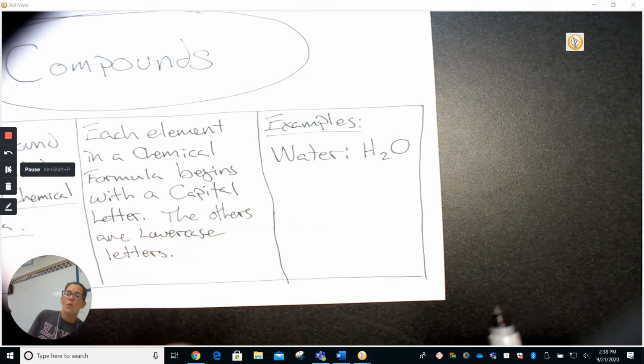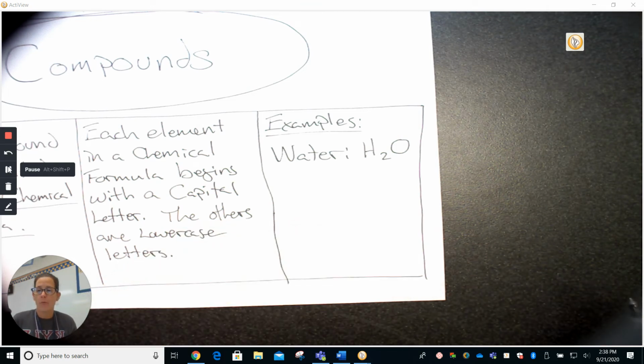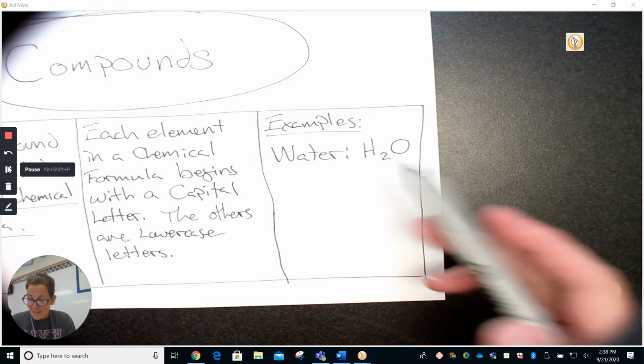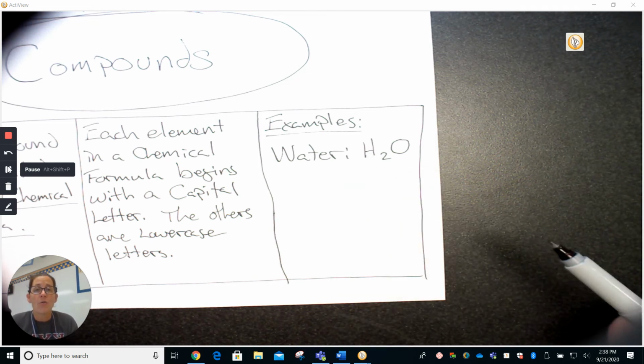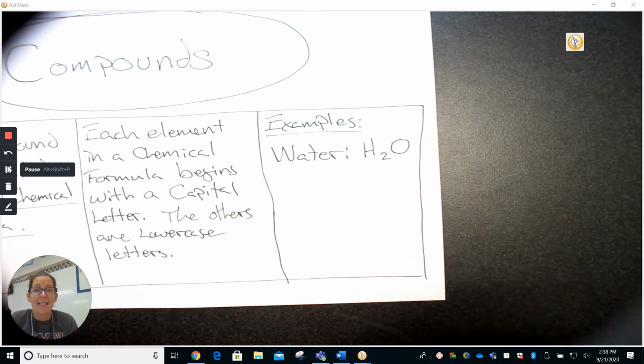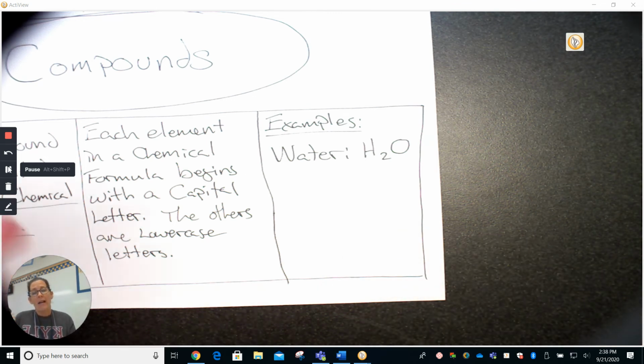So H2O, I bet you've heard that before when people are talking about water. This is why. It's not just H2O because that's a nickname we give it. It's H2O because that's exactly what it is. It's made of 2 hydrogen atoms and 1 oxygen atom combined to make a compound.